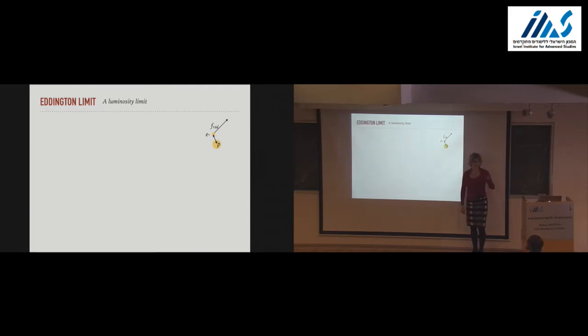So who can tell me, in words, what is the Eddington limit? Hannah? Where is Hannah? Hey, you were in front of me at lunch, and now I know you.